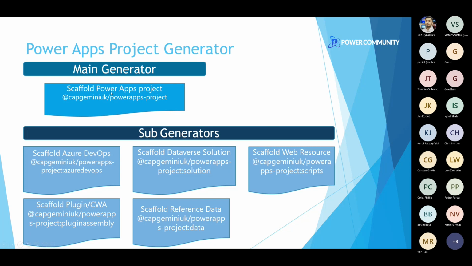Right. So on my screen, you see the main generator, which is the Capgemini Power Apps project generator. It is a command line tool, and it's built using Yeoman. Yeoman is an NPM package used for scaffolding a new project, and it's a plugin that can be run with the yo command. When you run the yo command, it will prompt you various questions related to your project, the client, the package, what you want to build.